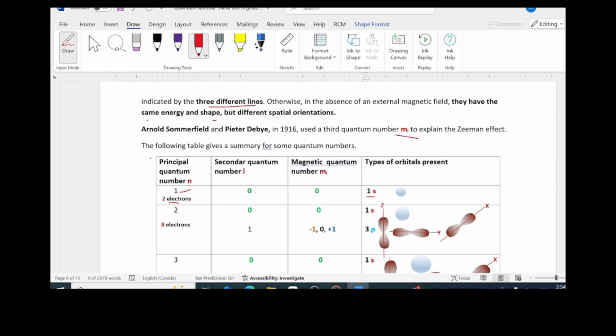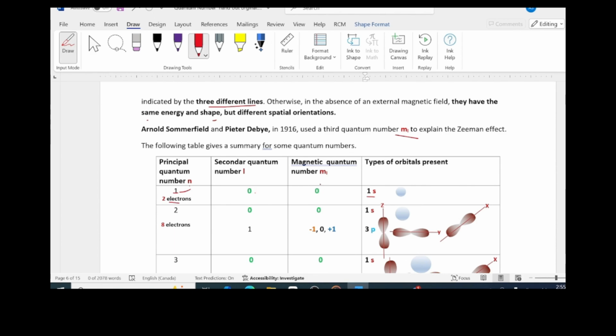The following table gives a summary for some quantum numbers. So here you have the principal quantum number n equal to 1. Of course, in that shell you have only 2 electrons, which are the s electrons, and all these s electrons will have a secondary quantum number of 0.